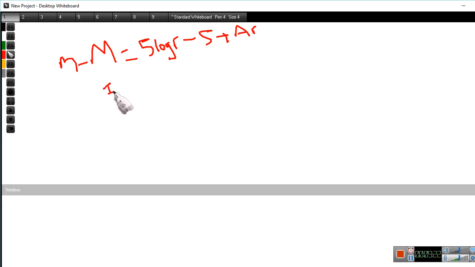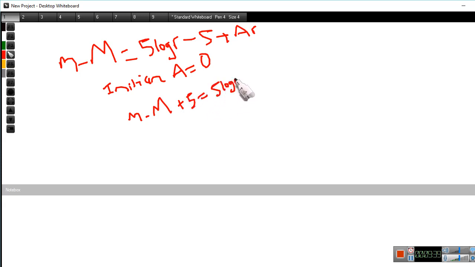Initially, I'll consider that there is no extinction, that is A is equal to 0. If I consider that, then I will get m minus M plus 5 is equal to 5 log r.